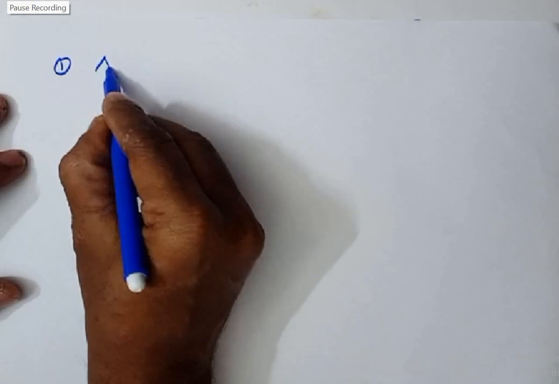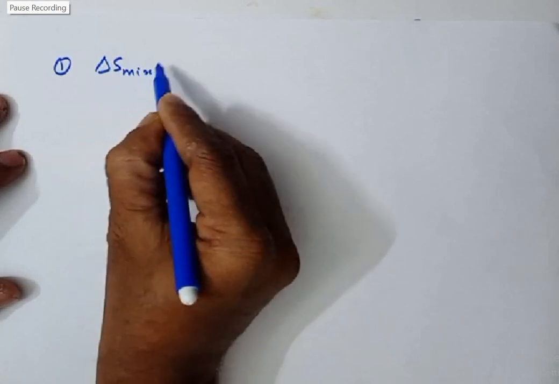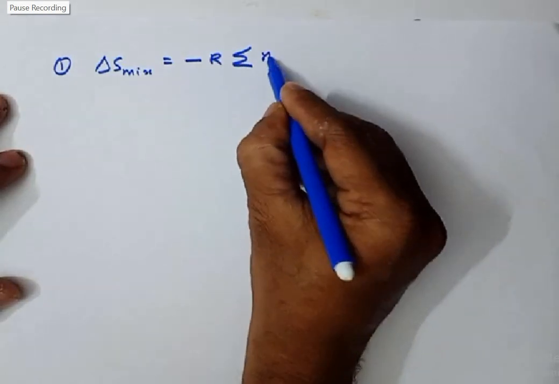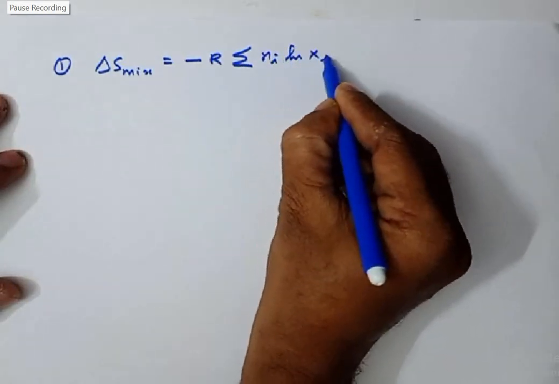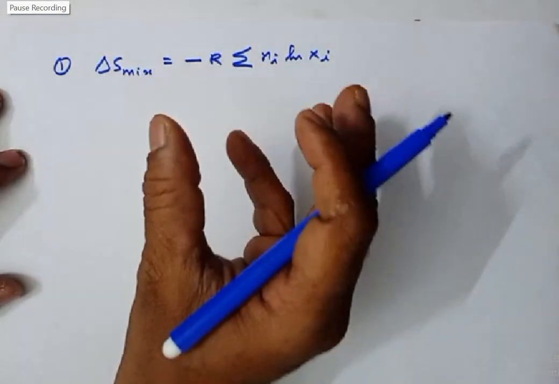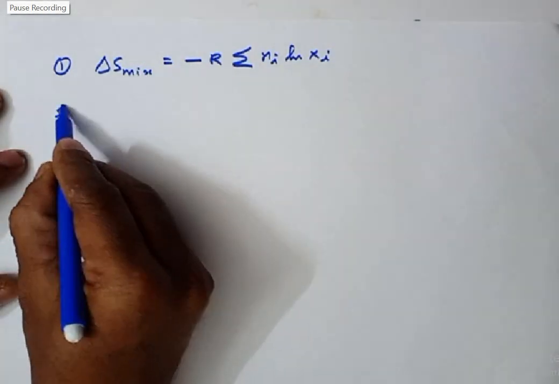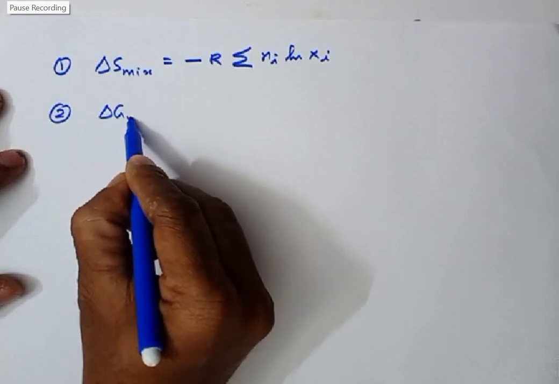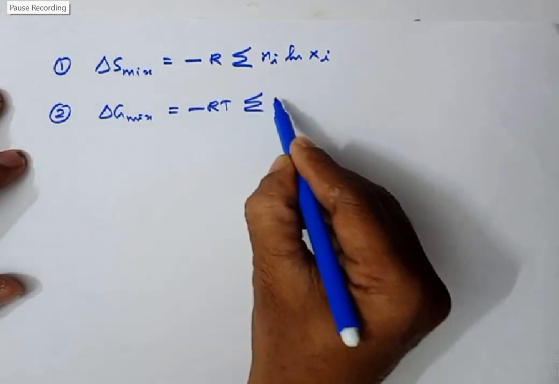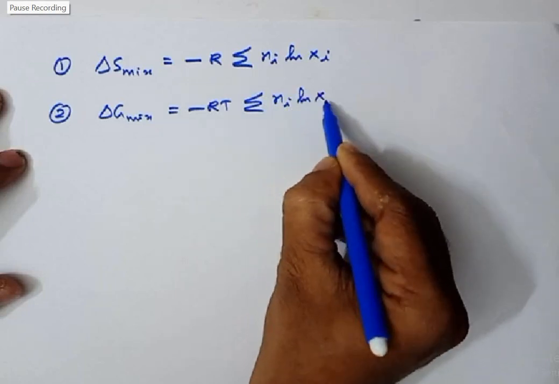Number 1, we discussed what is delta S mixing, which is equal to minus R summation Ni ln Xi. This formula is applicable for n mole of gas or n mole of the mixture. Then delta G mixing we have found out, which is minus RT summation Ni ln Xi.